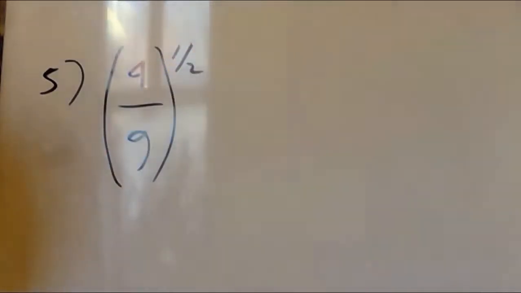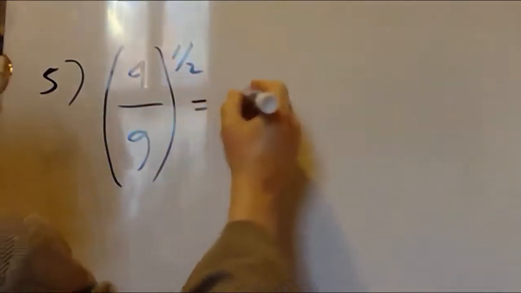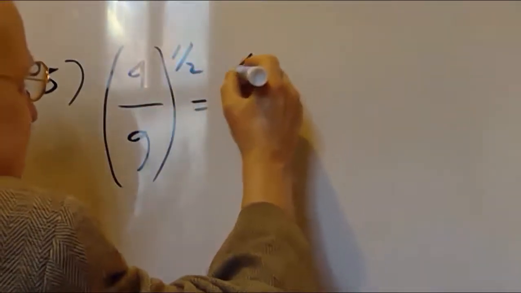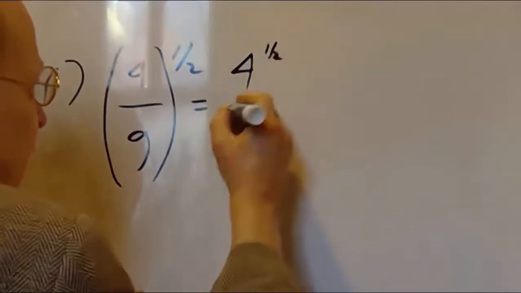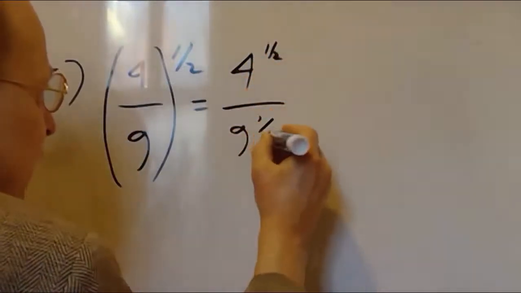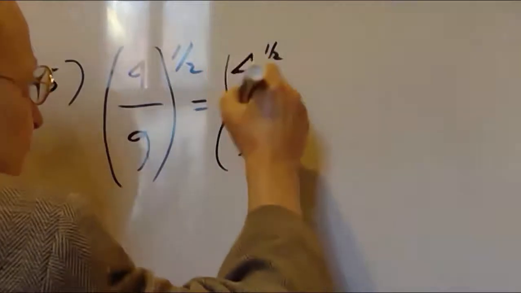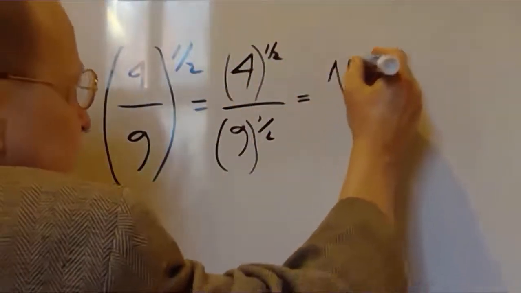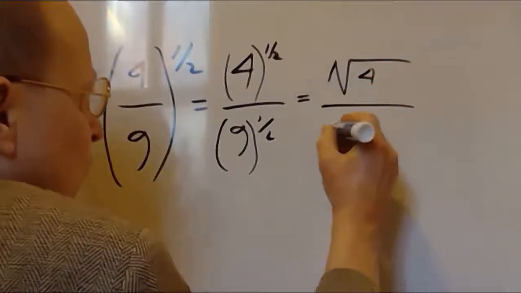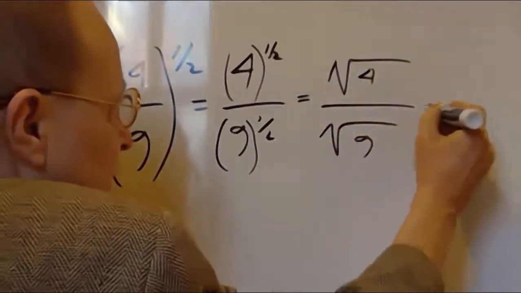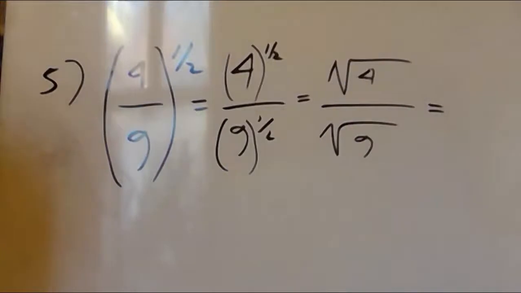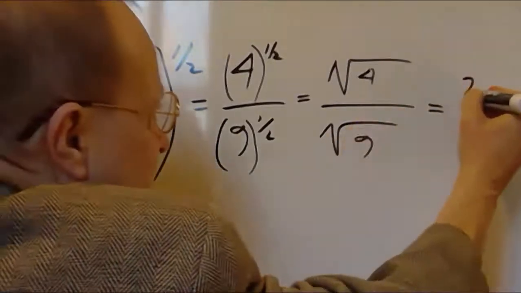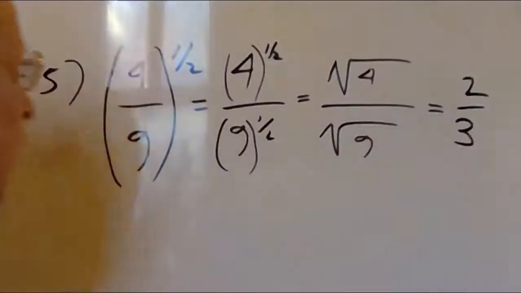We've already seen that 1/2 is like a square root, so we use our rules. That would be the same thing as 4 to the 1/2 over 9 to the 1/2, which is the same thing as the square root of 4 over the square root of 9. Since we know that 4 and 9 are perfect squares, it will be 2 over 3.